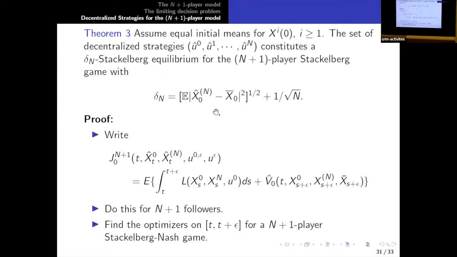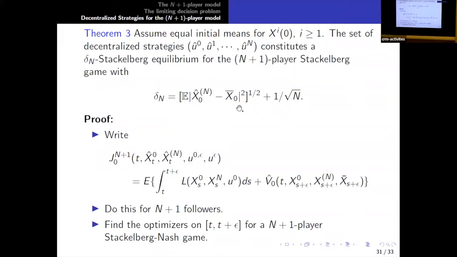So finally we have the main result for the equilibrium analysis. What we can obtain is the delta n Stackelberg equilibrium for the n+1 player game. Here we have this expression for delta n.